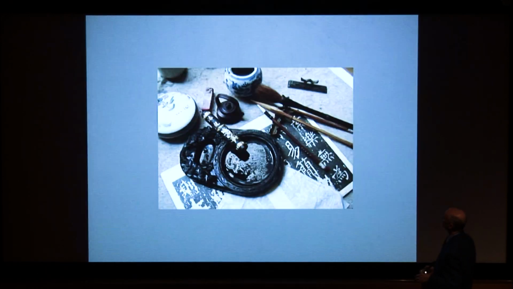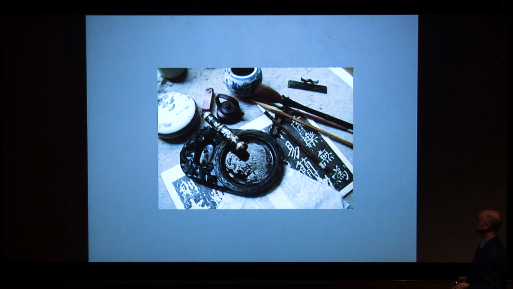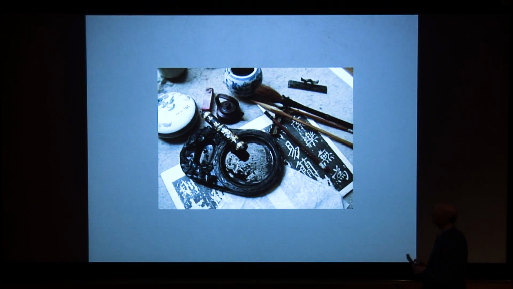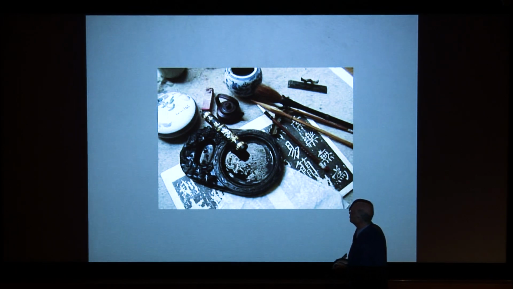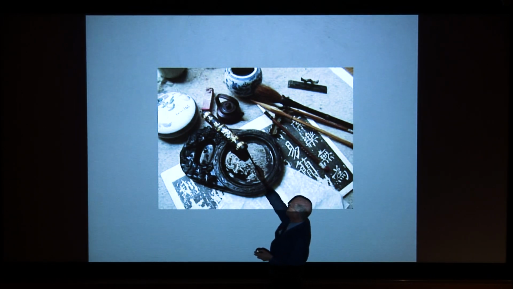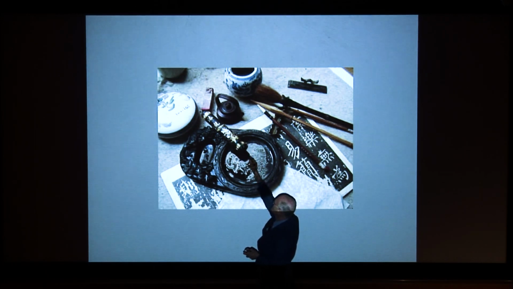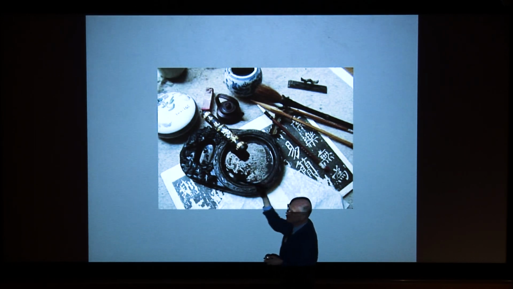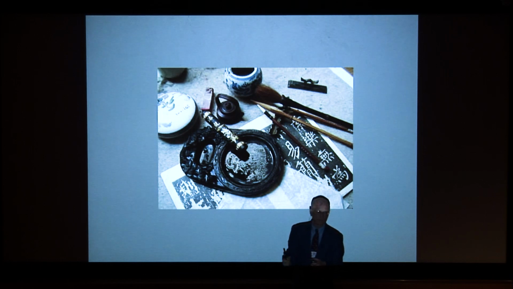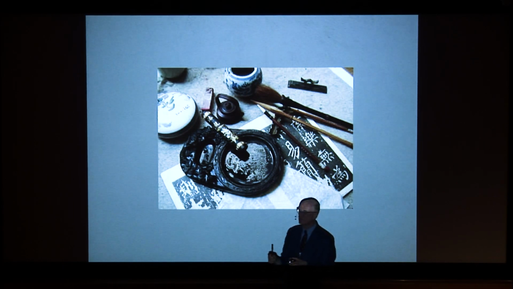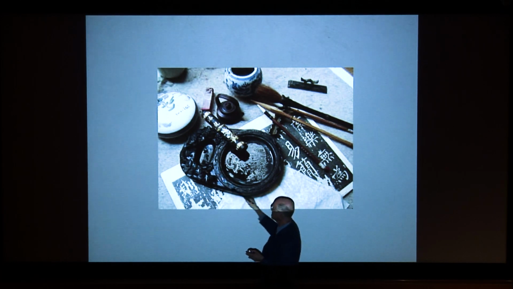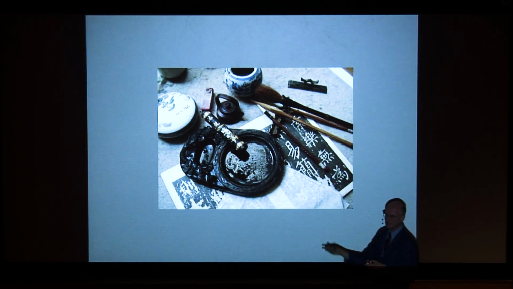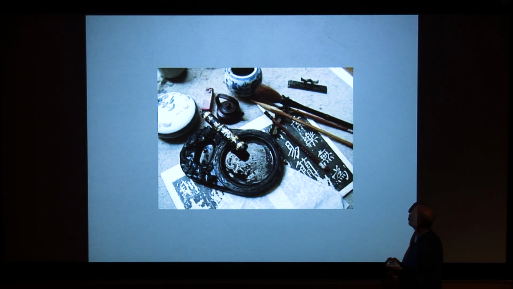Now, this scroll was made using brush and ink. It's kind of a messy image, but I think it's sort of authentic in representing what a calligrapher's desk would be like. This is an ink stick. It's got a kind of ornamental decoration on it, but it's simply pine soot mixed with glue into this hard cake or stick that is ground with water on this stone to produce this basic fluid of Chinese writing.